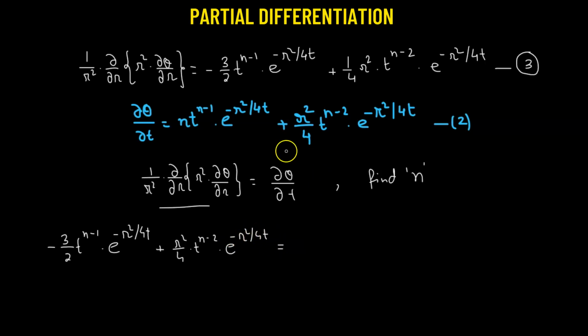Now this will be equals to the expression on the right hand side of equation number 2. So that's n times t raised to the power of n minus 1 times e raised to the power of negative r squared over 4t plus r squared divided by 4 times t raised to the power of n minus 2 times e raised to the power of negative r squared over 4t.